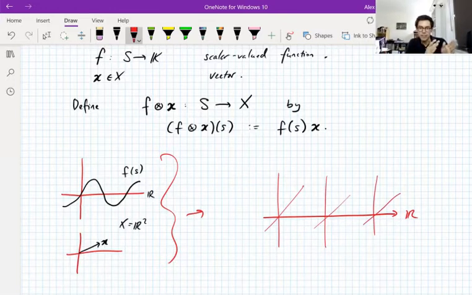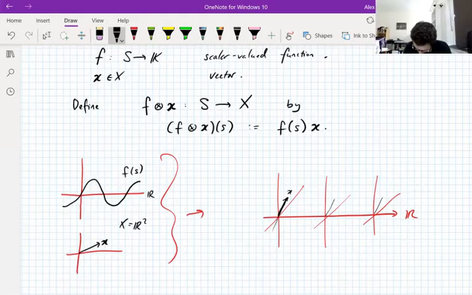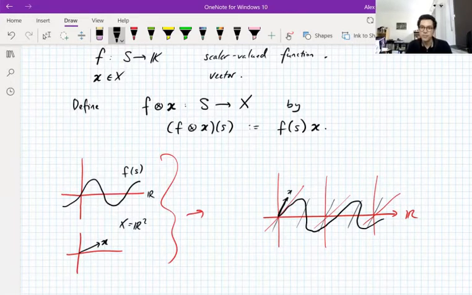Imagine you have like R2 sitting at every point. Say if this is x, and I draw a little x everywhere here, draw this x line, then your function is going to look something like this in that direction, roughly. Does that picture make any sense at all? It makes sense in my head. All right, I've got some thumbs up. This is good. Okay. This function is your f tensor x.